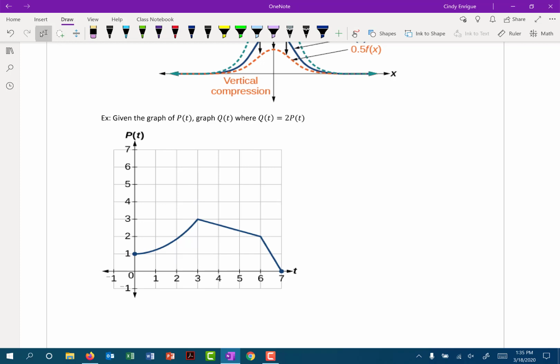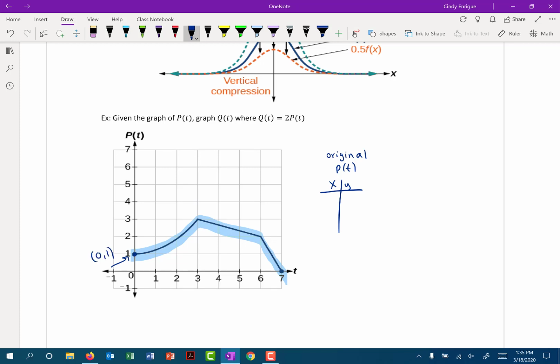So I'm going to write down my original problem here. So here's my original graph. Now I'm going to get some key points from that original graph. So this original point over here, and that original graph was P of t. I'm going to find my x and some y values. So over here I have 0, 1.